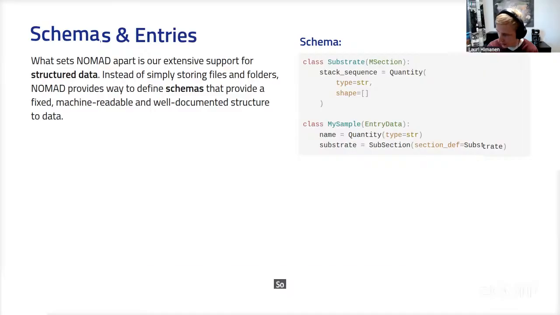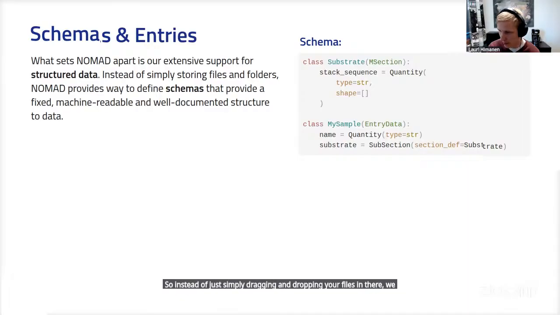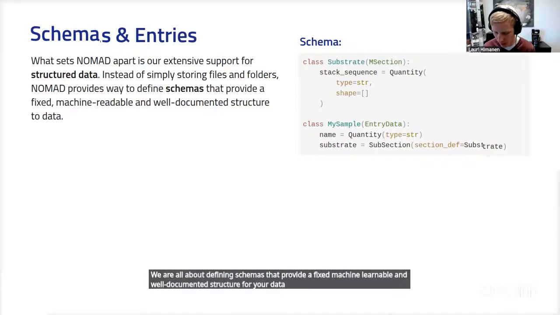So instead of just simply dragging and dropping your files in there, we are all about defining schemas that provide a fixed, machine learnable and well-documented structure for your data. And this is all about the reusability of your data and interoperability.